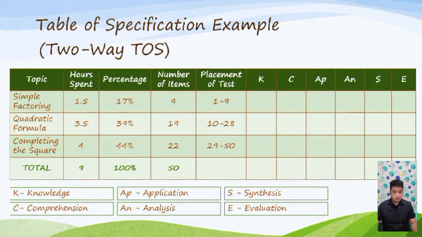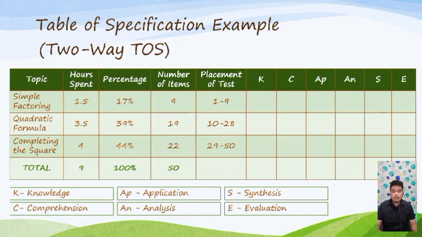Okay? So in allocating this, the teacher must decide what types of levels of taxonomy are present in the following topic. So the teacher must decide. But the teacher must balance the distribution of this topic.